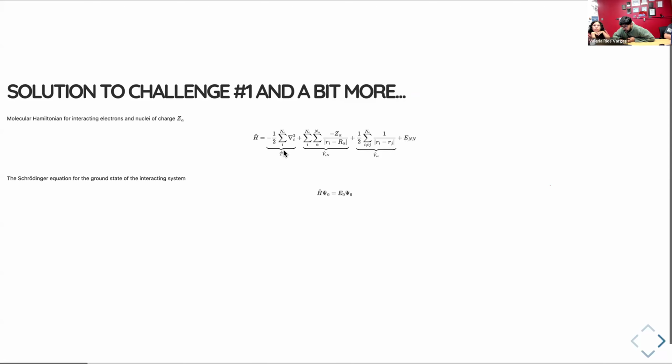The first one, T, is the kinetic energy contribution for any system of interacting electrons and nuclei. The second part is the electron-nuclei attraction. The third part is the electron repulsion term. And the fourth part is the nuclear repulsion term: in a molecule you have more than one nucleus, so you have the nuclear repulsion term.